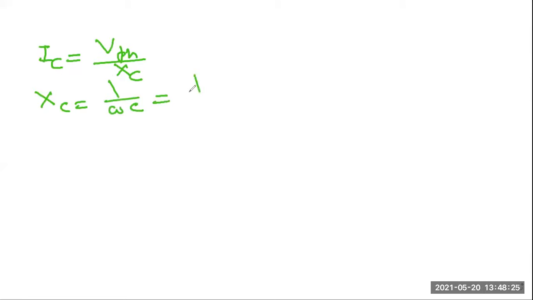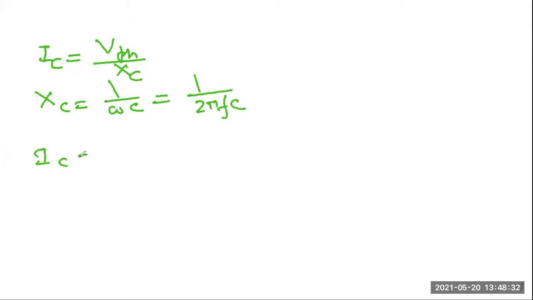So let us say this is IC. IC equal to V phase by the capacitive reactance XC. Now, what is the XC value? We know that it is 1 by omega C, so this is 1 by 2 pi FC.